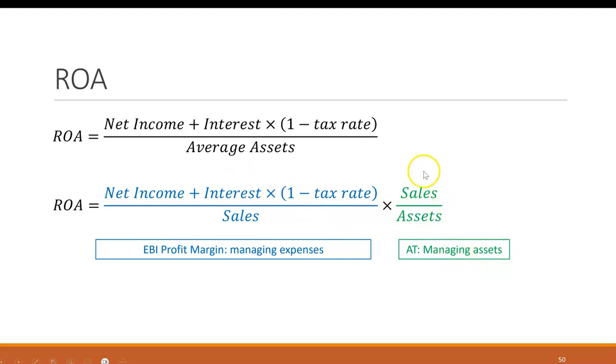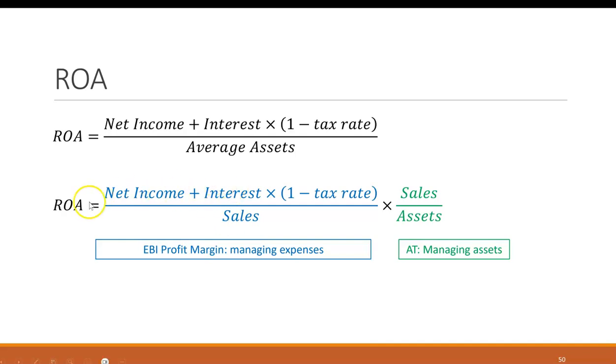Notice if I multiply these two together, the sales will cancel, and I'll be left with this ratio here. When I first saw this, I said, well, that's pretty silly. They just cancel those things out. It doesn't seem like much high-powered math to me. But you're just breaking this down into two parts.